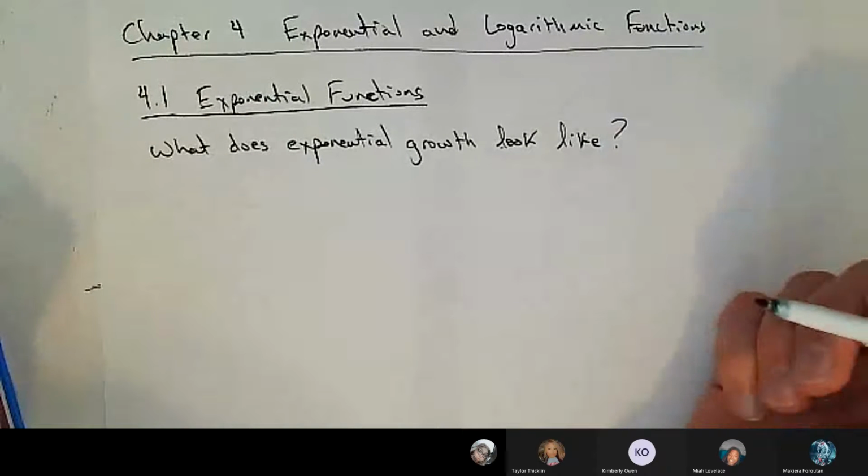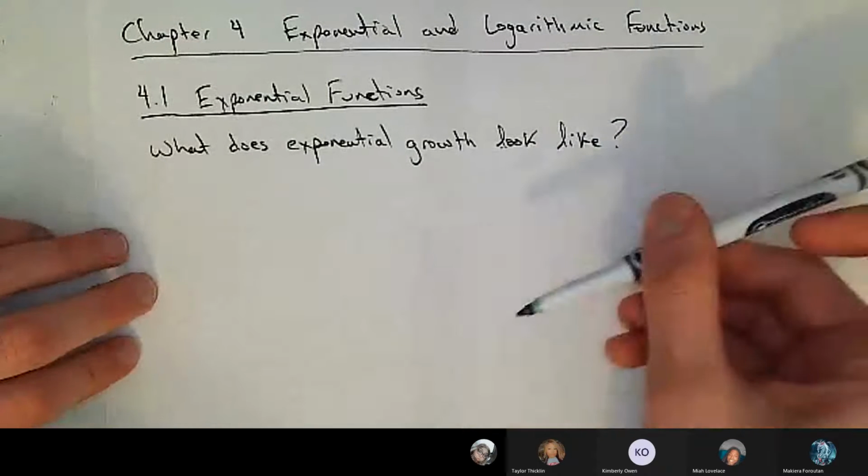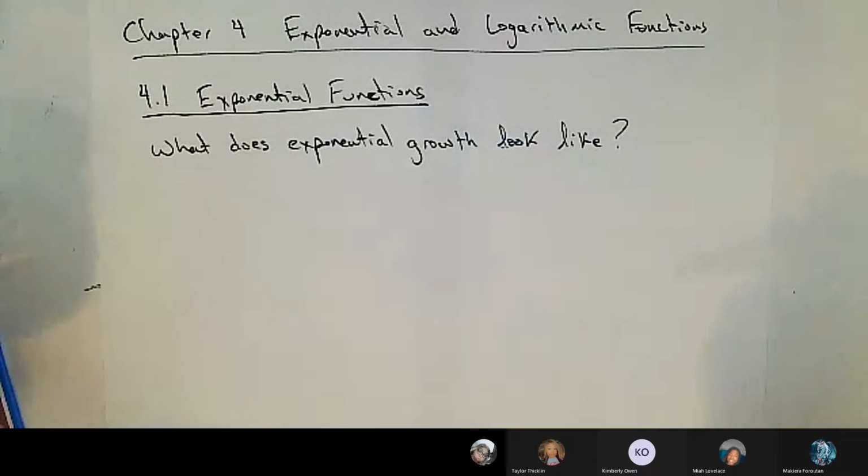What does their growth look like? Well, it's like a straight line and there's a constant rate of change, right? That's a linear function. We talked about quadratic functions. We talked about polynomial functions in general, and they look sort of crazy, right? And we can use them to model different things. So what makes an exponential function different? How is it different from a polynomial?